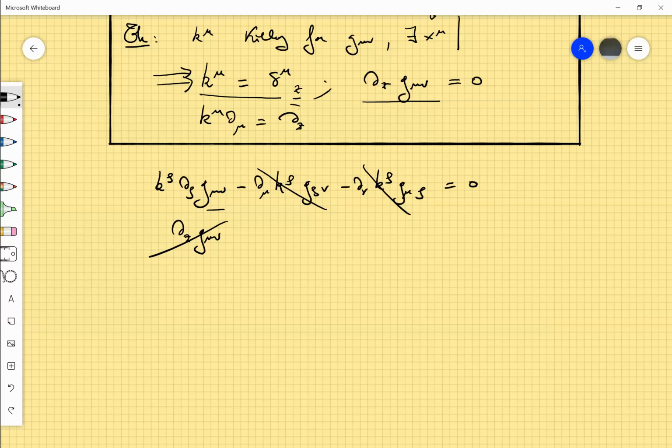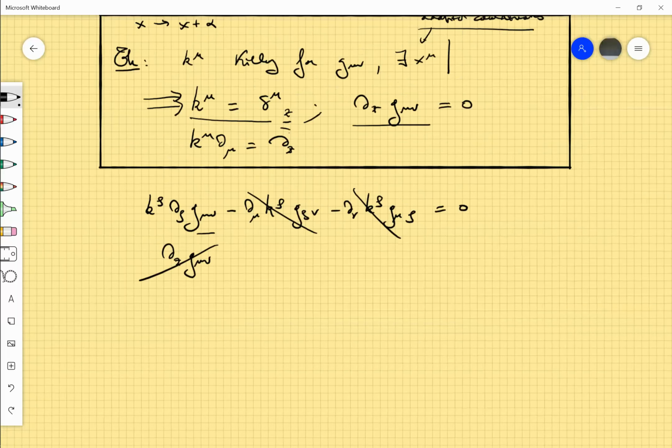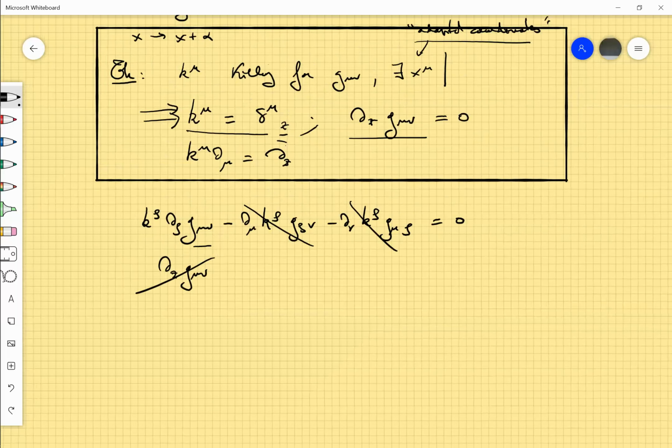Okay, there is a question that you can ask now, which is what happens if I have more than one Killing vector? Can I choose adapted coordinates for all of them simultaneously?